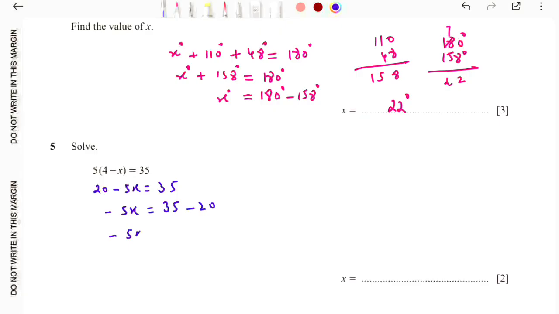Minus 5x is equal to 15. So x is equal to 15 divided by minus 5, that would be minus 3. So it was a very simple question, it's not complicated. So moving towards the next question now.